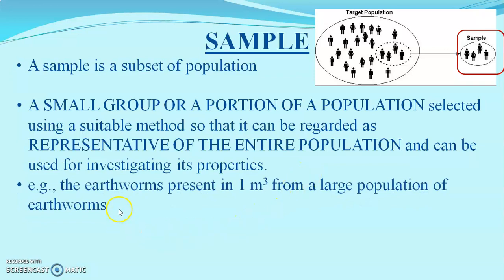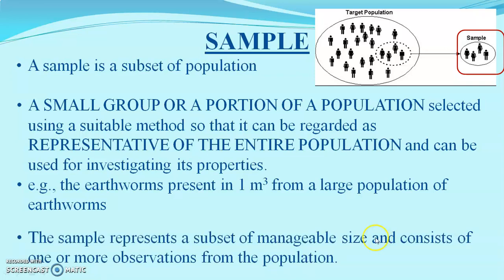See the example. If the earthworms present in a large area have to be studied, it's very difficult to collect all the earthworms and subject all of them to study. So we collect only a few earthworms from a particular area, for example, 1 meter cube. So the earthworms collected from that 1 meter cube can be considered as the sample of all earthworms present in that whole area. The sample represents a subset of manageable size.